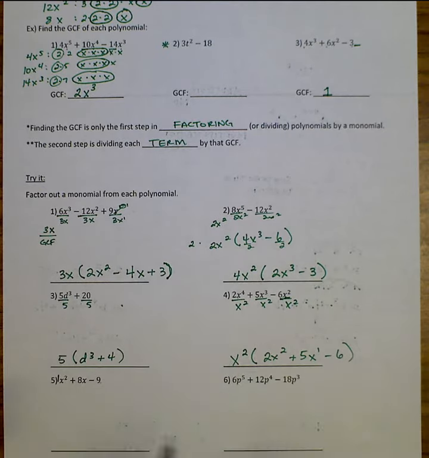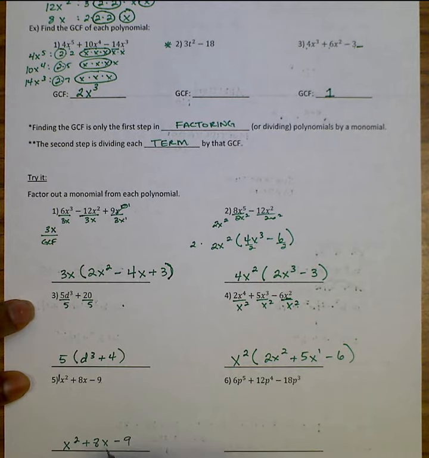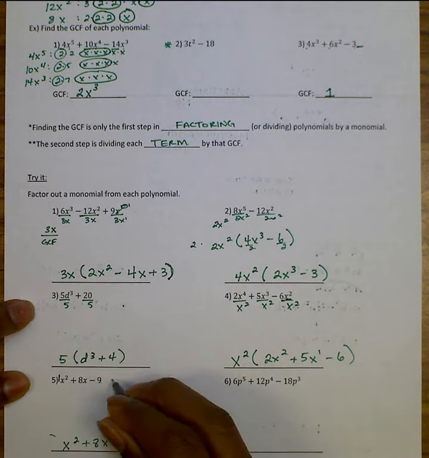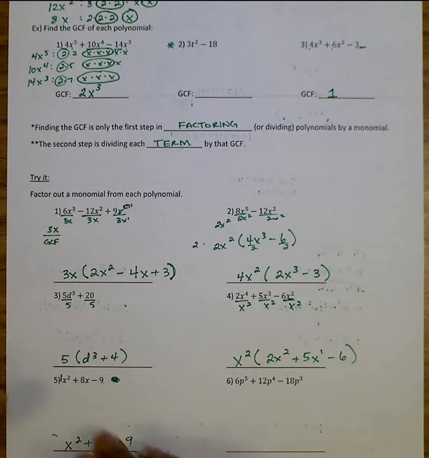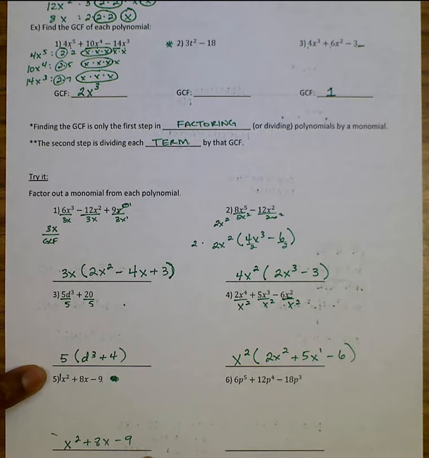And so this is factored as far as we can, since we can't take any GCFs out. At this point, this is all we can do. Later, we will talk about how to factor quadratics or polynomials like this.